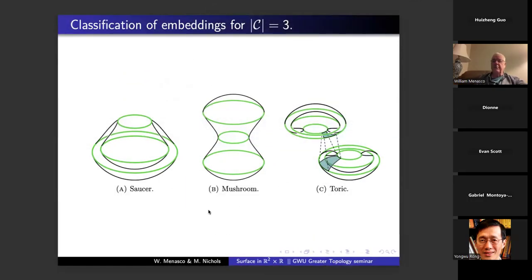The simplest examples of these guys is when your crease set has only three curves. And you ask yourself, how many different ways can I do this? All right. So there's a little bit of choice. I didn't talk too much about this. There's a little bit of choice in how you stack, but in general, it's pretty rigid.